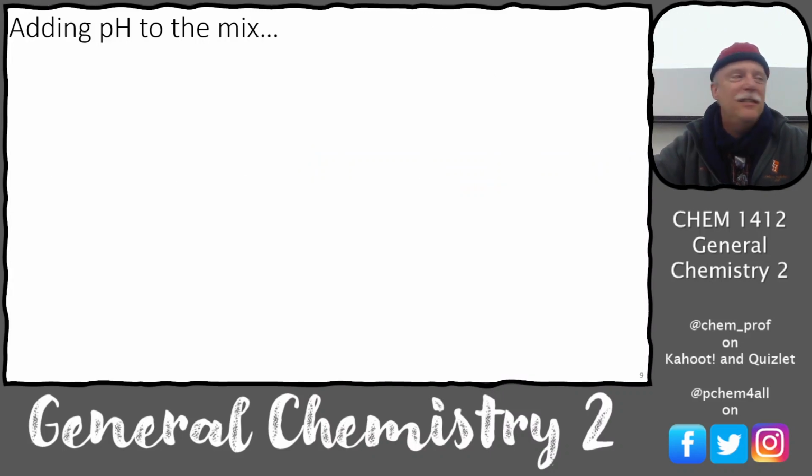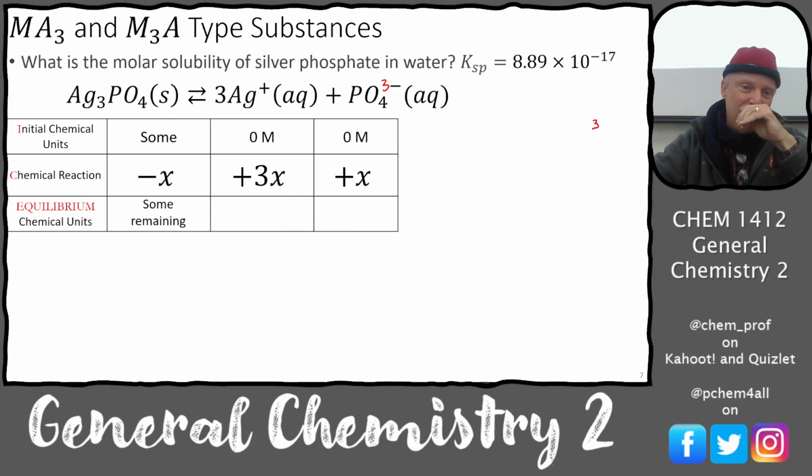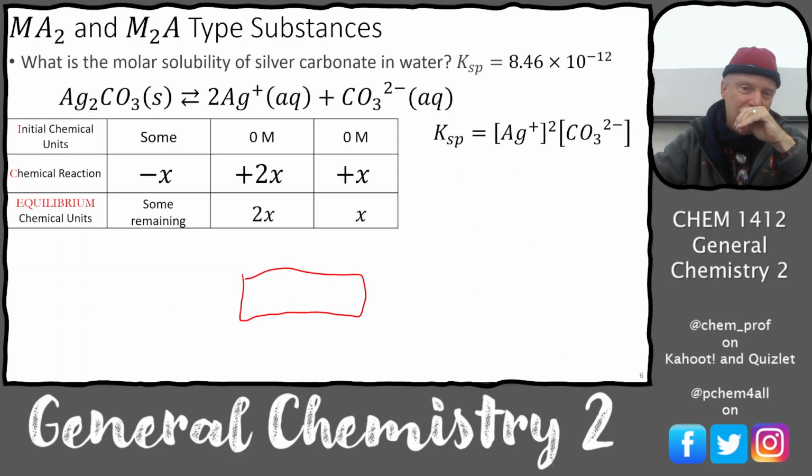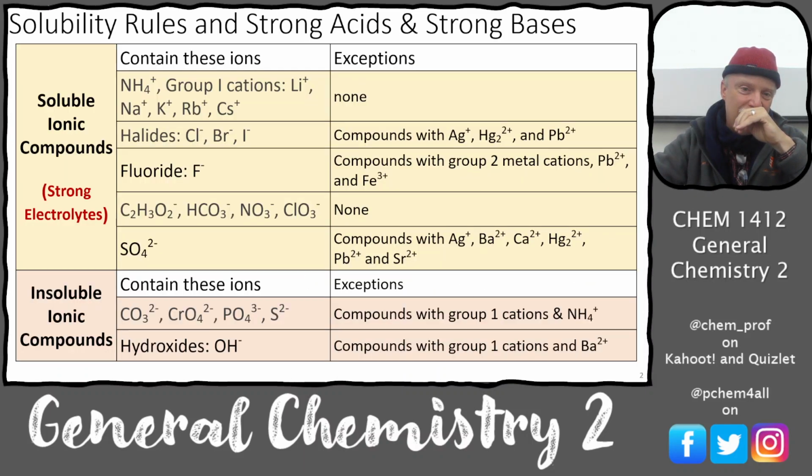So let's add pH to the mix. All right. So everybody comfortable with the ice tables we've done so far? Okay. Notice some of these. Let me go back to this table. So if you want to flip back in your notes, look at this table here.